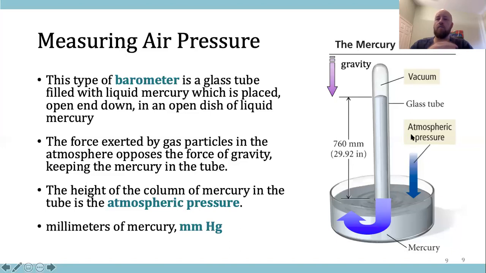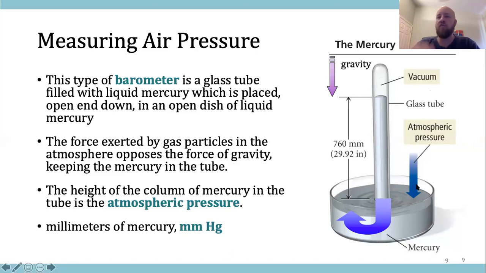And so this harkens back to our physics stuff of equal and opposite forces. The atmospheric pressure pushing down is equal to the liquid pressure pushing up. So the height of the mercury in the tube is therefore related to the atmospheric pressure that's holding it up.